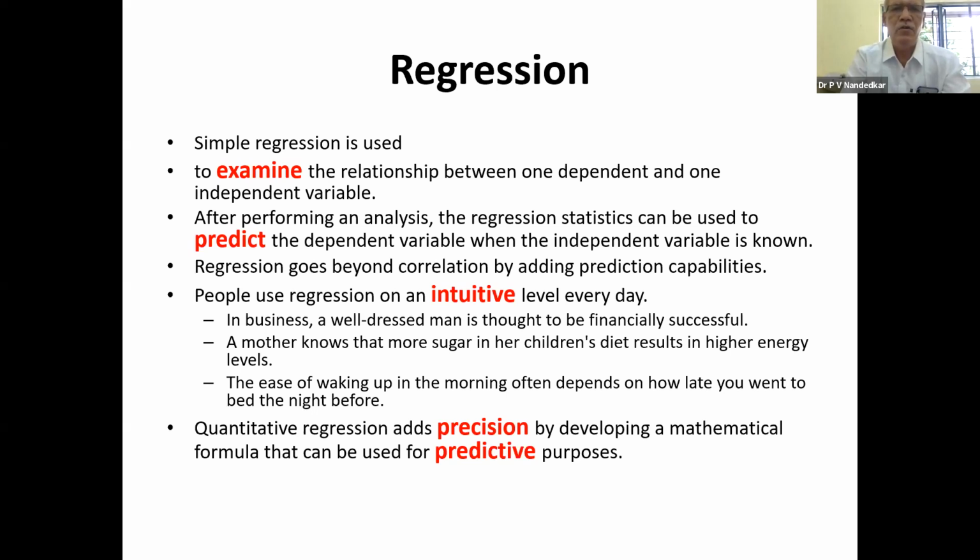We simply get an idea about their association. But regression gives us an additional advantage: in what way these depend on each other, the degree of dependence, is also indicated in the regression analysis.